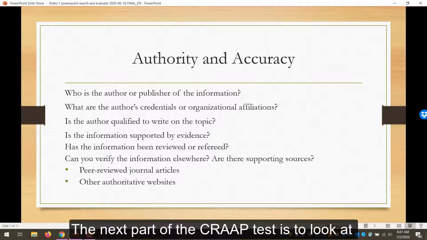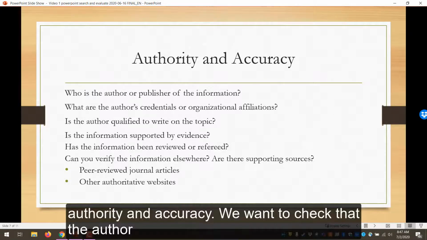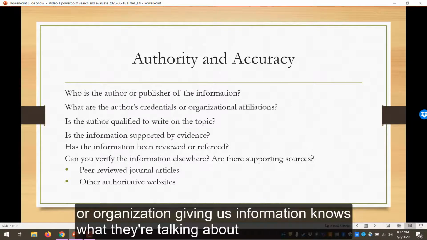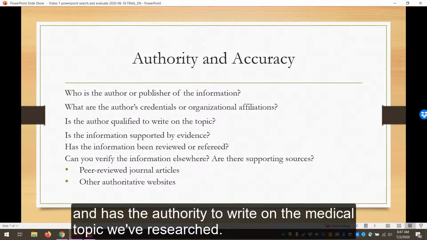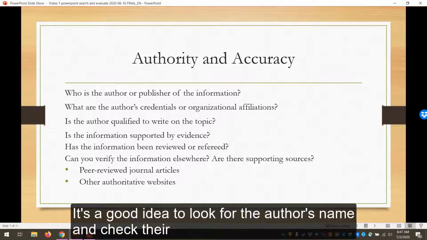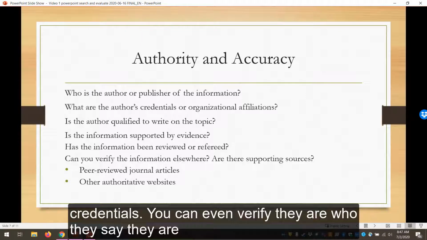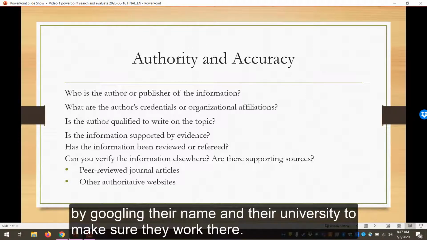The next part of the CRAP test is to look at authority and accuracy. We want to check that the author or organization giving us information knows what they're talking about and has the authority to write on the medical topic we've researched. It's a good idea to look for the author's name and check their credentials. You can even verify they are who they say they are by Googling their name and their university to make sure they work there.